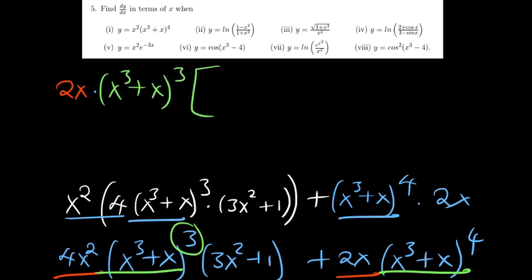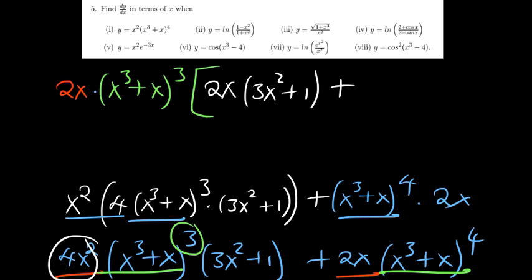Now in the brackets, what remains? When we remove 2x from 4x squared, we're going to remain with 2x. And then we're also going to remain with 3x squared plus 1 for the first part. Plus the other part, 2x is already pulled out. And then we'll remain with a single power since 3 has already been pulled. So x to the power 3 plus x.